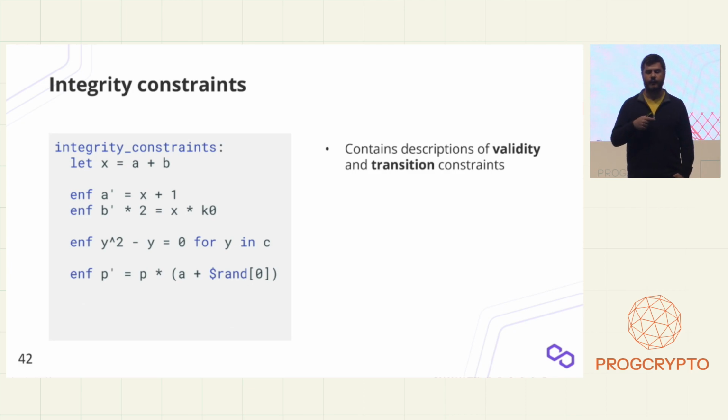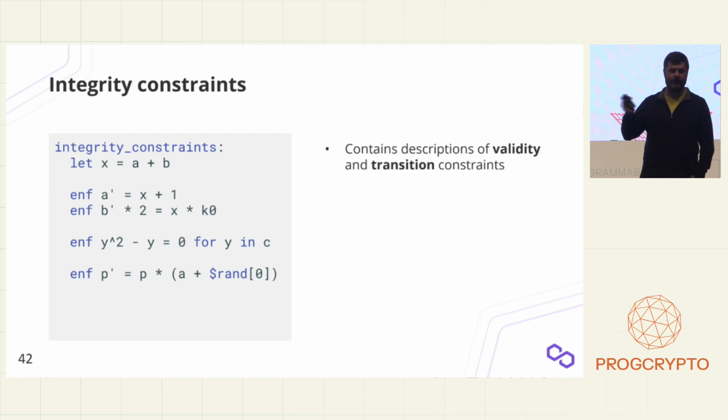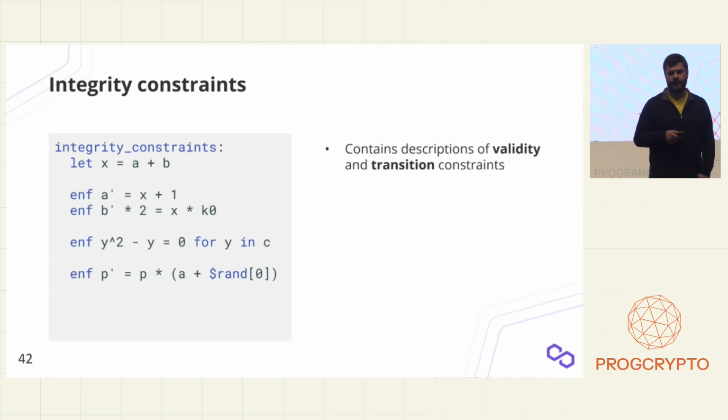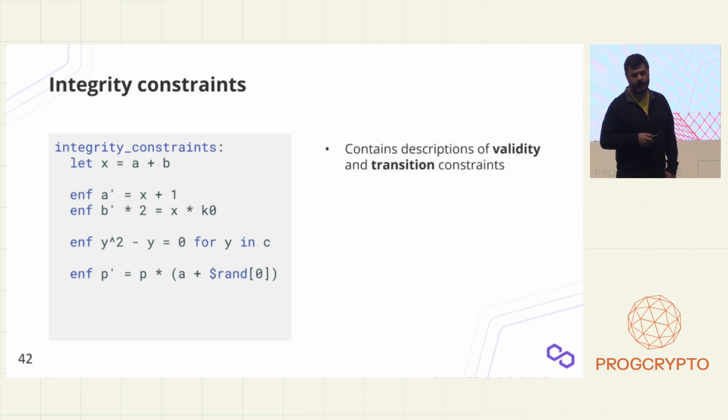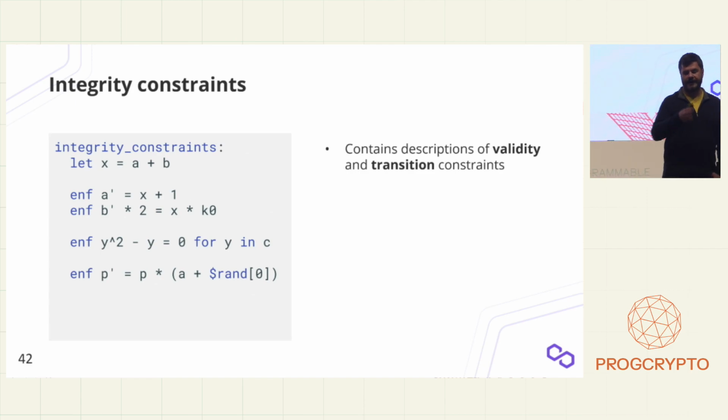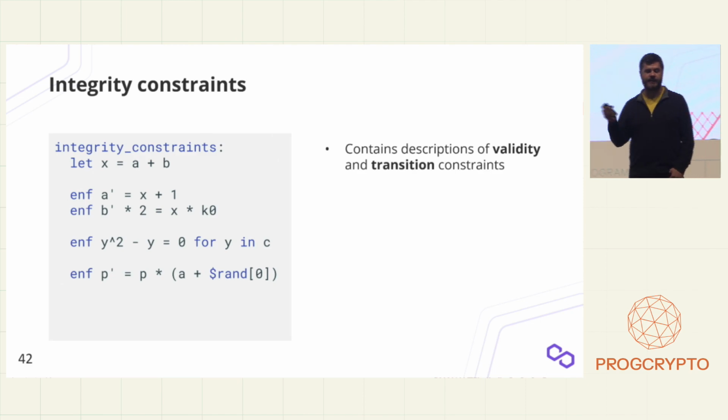So A prime would be the next value in column A, B prime would be the next value in column B, and just A and B would be the values in the current row. And here we can express, for example, that A prime equals x plus 1, which just means that the next value in column A must be equal to x, which is a variable here defined as A plus B, so A plus B plus 1.